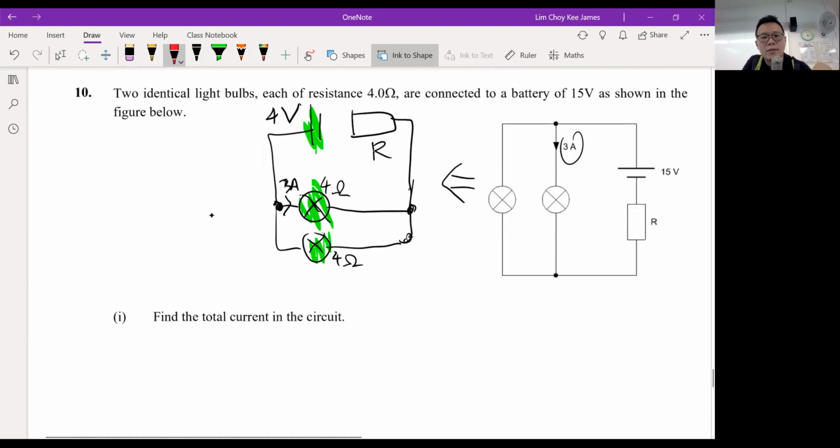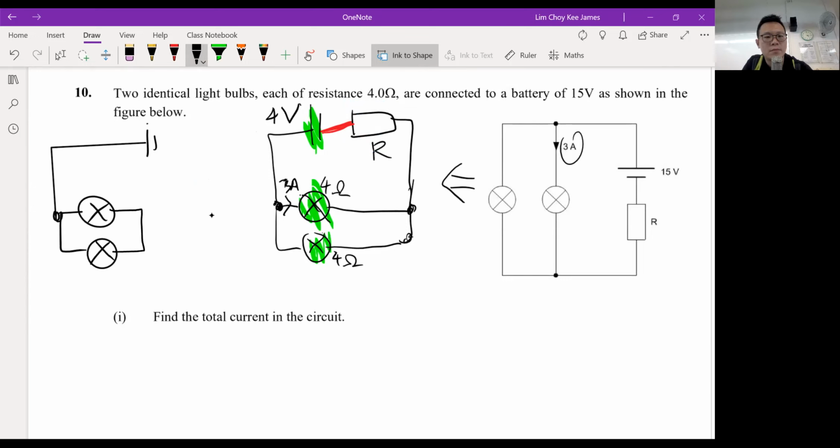Okay, this is the red one. The battery is here, this is my light bulb, this is my 3 amp current, this is my 4 ohms, and this is my 4 volt battery.